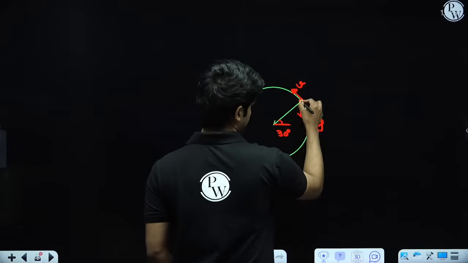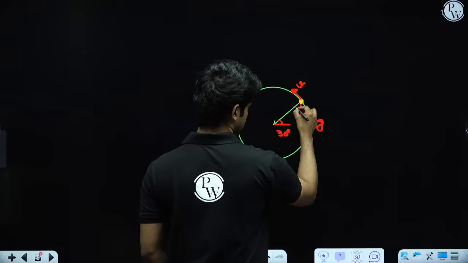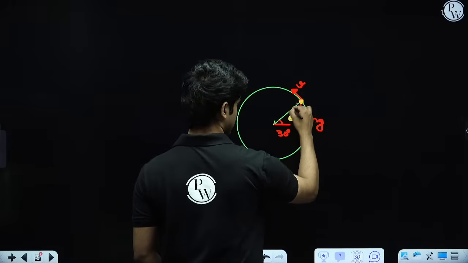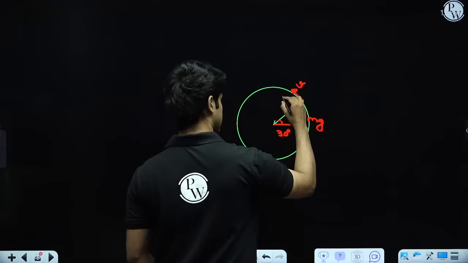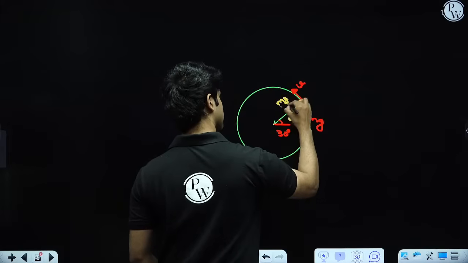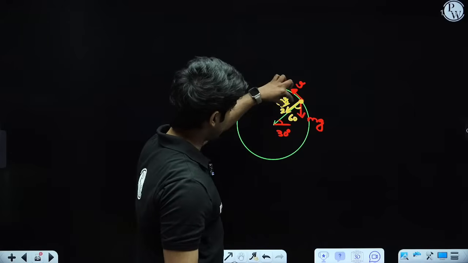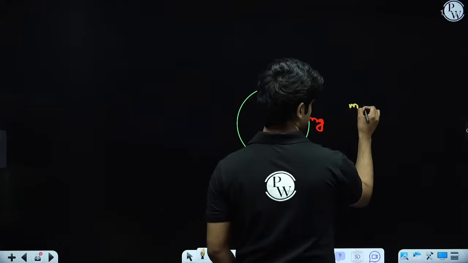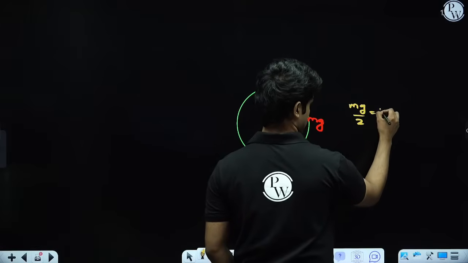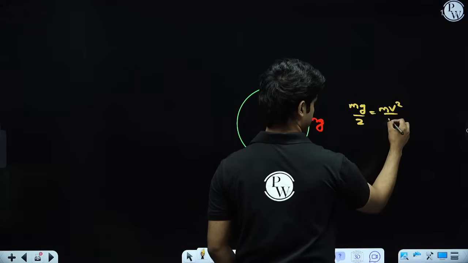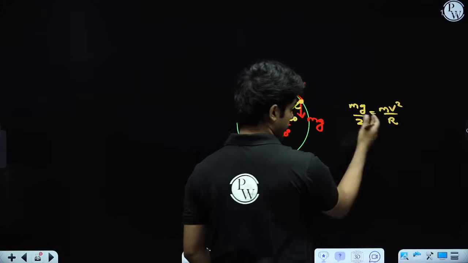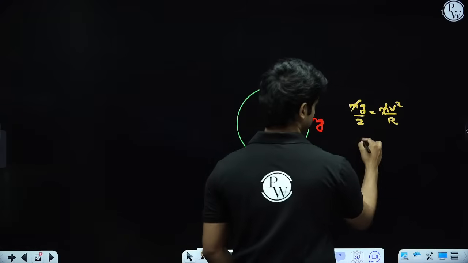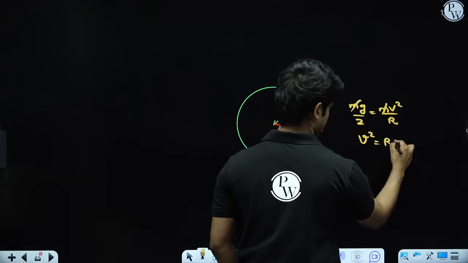So right when the tension becomes 0, this angle is 60. So mg's component along the radius, this component is mg cos 60, which is mg by 2. This mg by 2 is the only force providing the centripetal acceleration at that location. So mg by 2 is mv square by r. The speed here is v, so mv square by r. So v square turns out to be rg by 2.